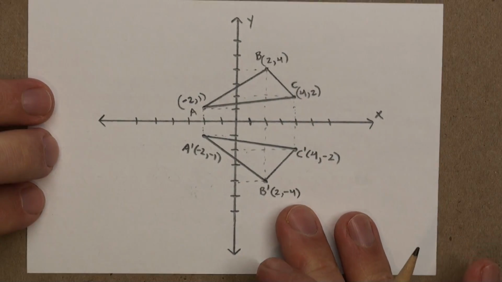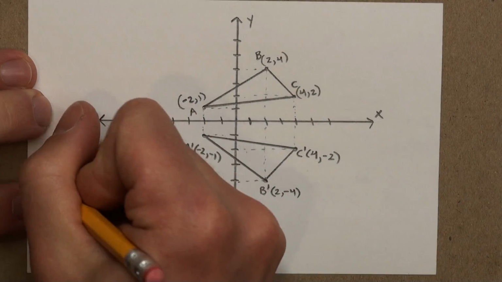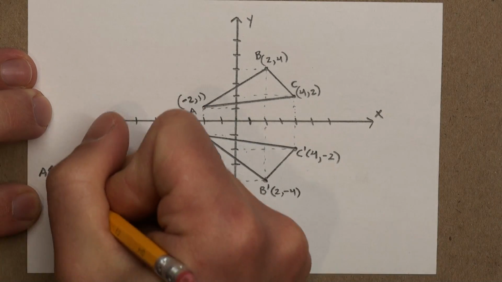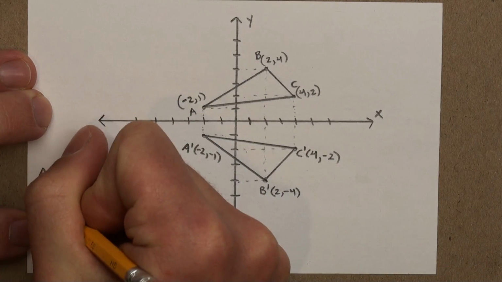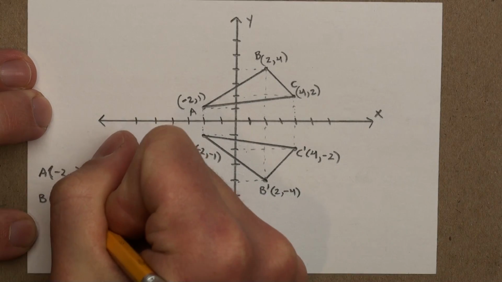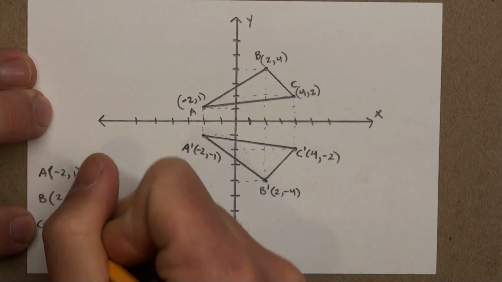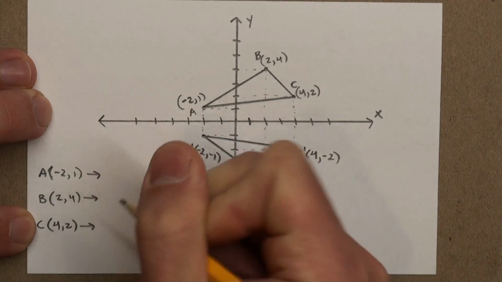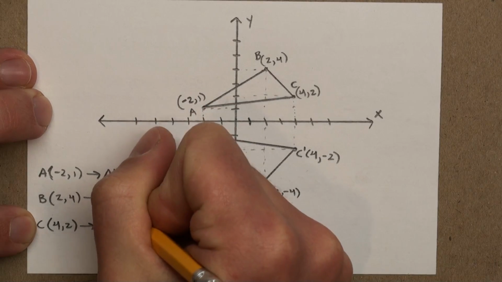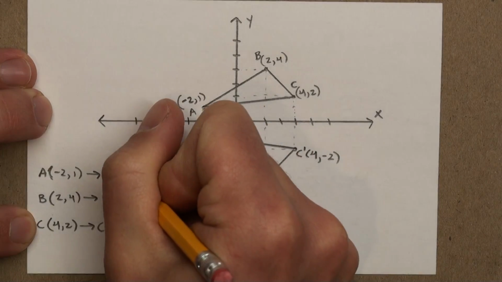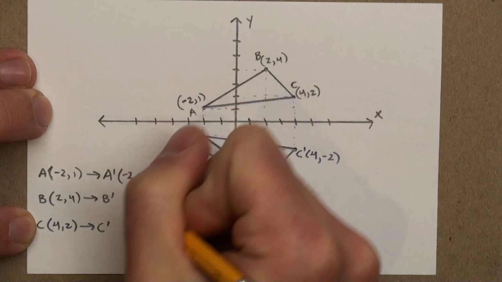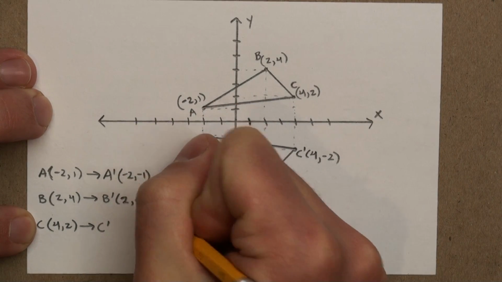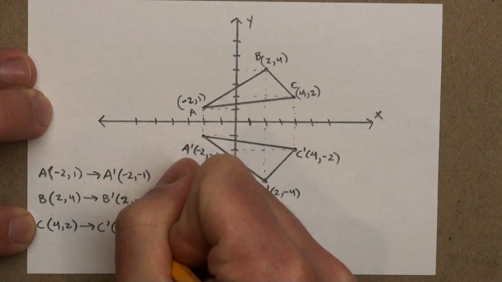So let's put down here in the bottom corner A, which was negative 2 comma 1, and then B was 2, 4, and C was 4, 2. And then we got A prime, B prime, and C prime: negative 2, negative 1, 2, negative 4, 4, negative 2.